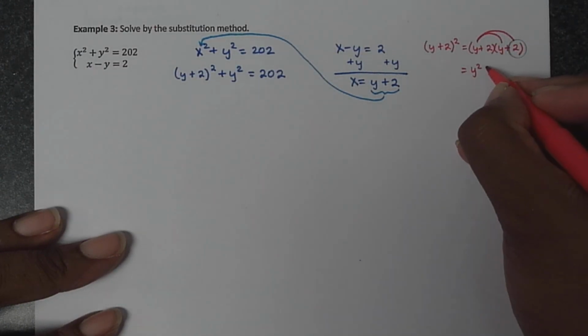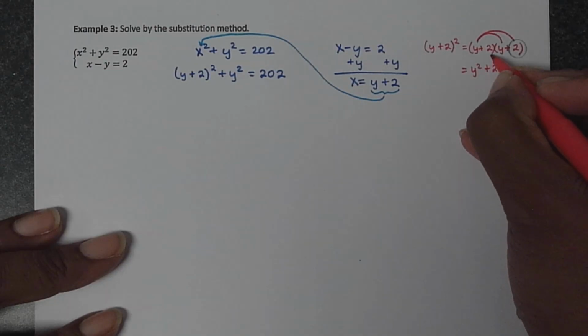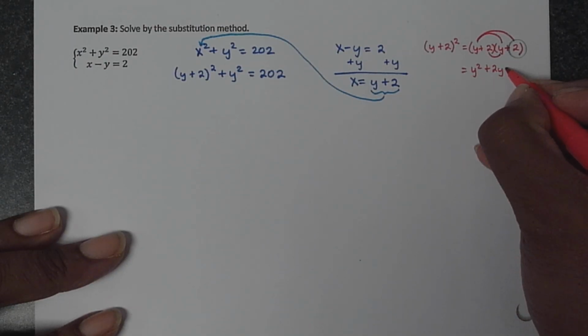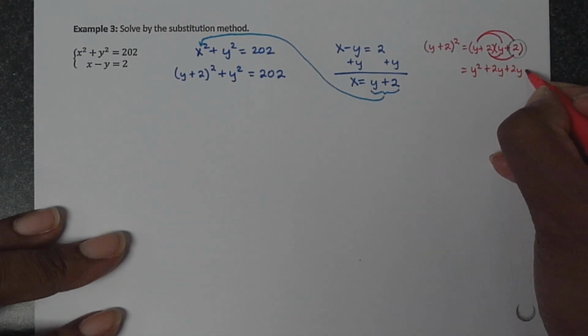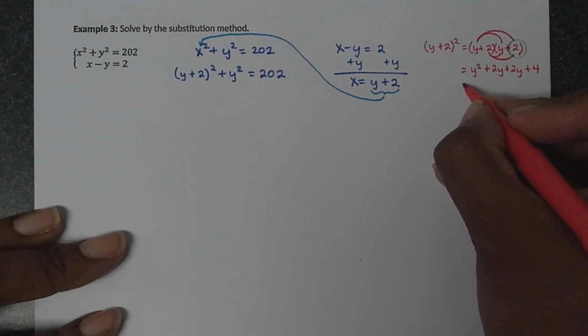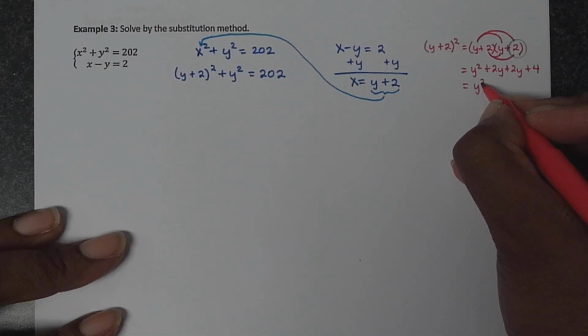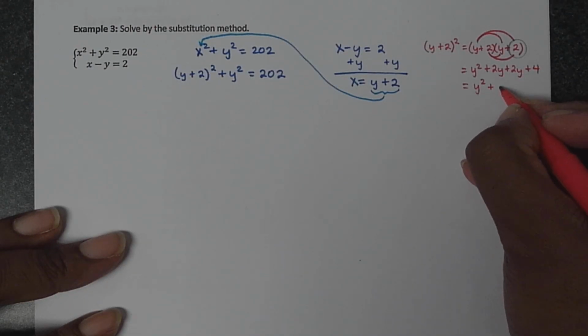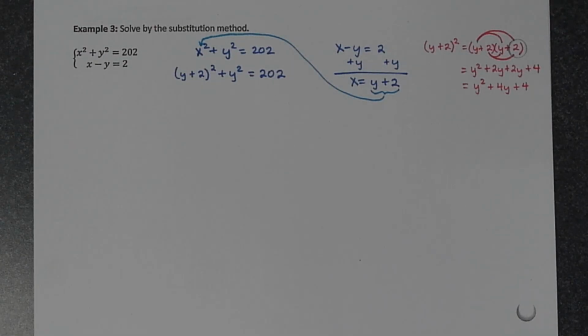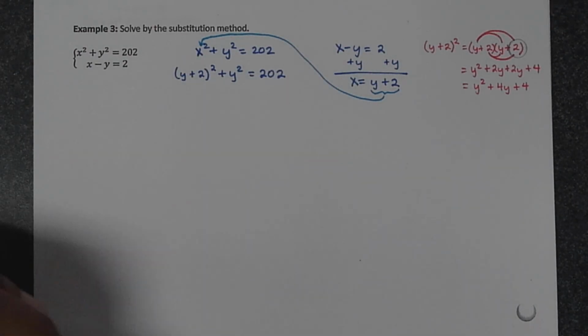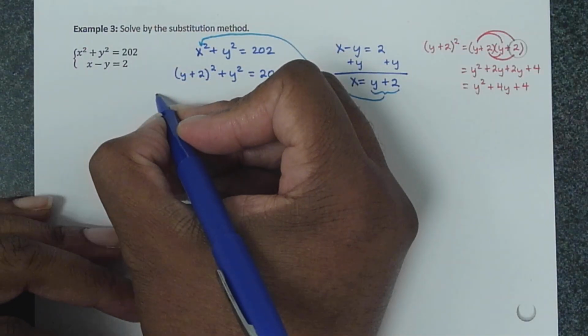Outer, y times the plus 2 would be plus 2y. Inner, 2 times y would be plus 2y again. And then the last times the last, 2 times 2 would be plus 4. If I combine like terms, I have y squared plus 4y plus 4. So y plus 2 quantity squared is y squared plus 4y plus 4.